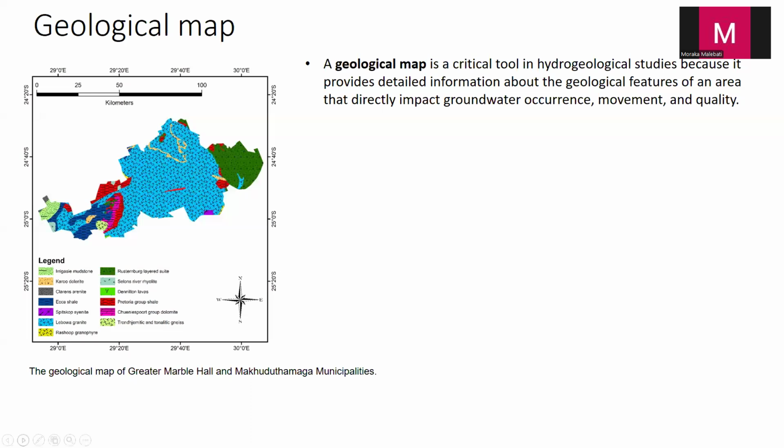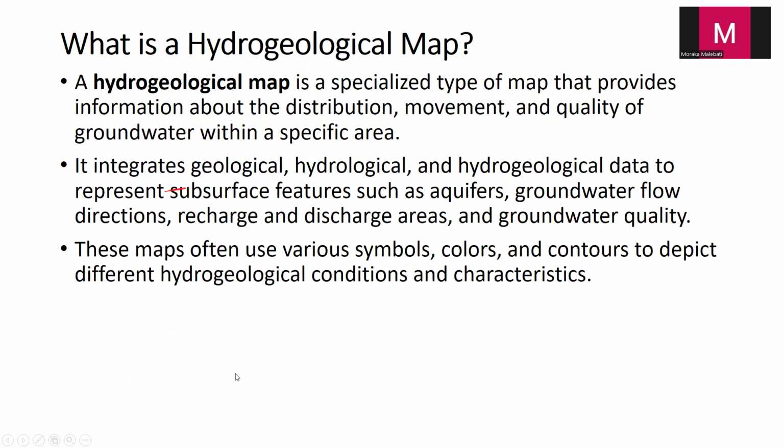So, which is why the geological map is also important. The hydrogeological map is a specialized type of map that provides information about the distribution, the movement, and the quality of groundwater within a specific area of interest. It incorporates geological, hydrological and hydrogeological data to represent subsurface features such as aquifers.